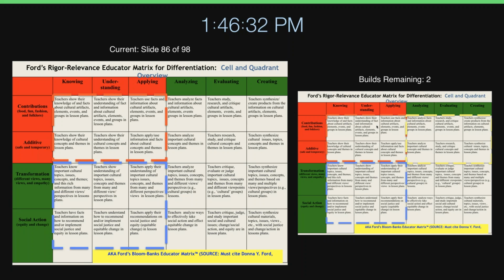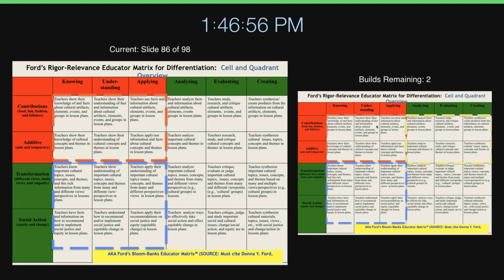Low because it's at contributions and additive, and low because it's knowing through applying. So of all 24 cells, the lowest one is knowing, which I'm used to saying knowledge, but knowing and contributions.